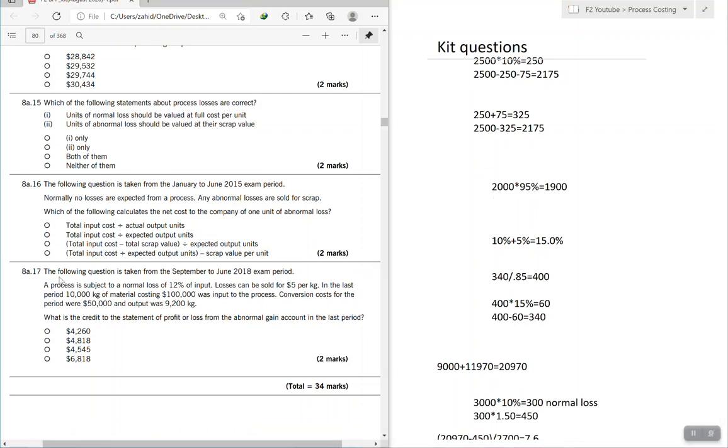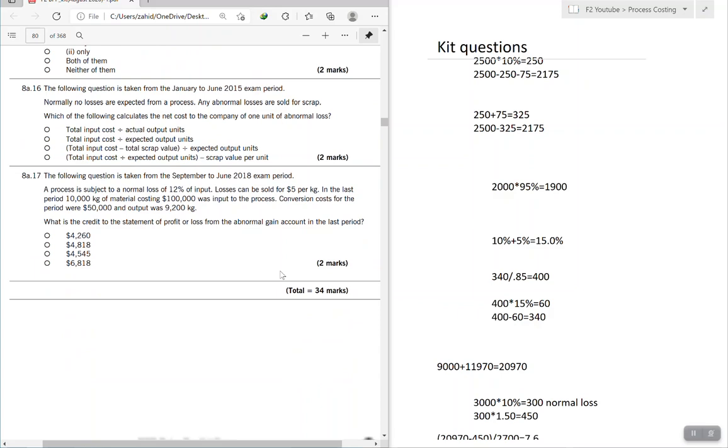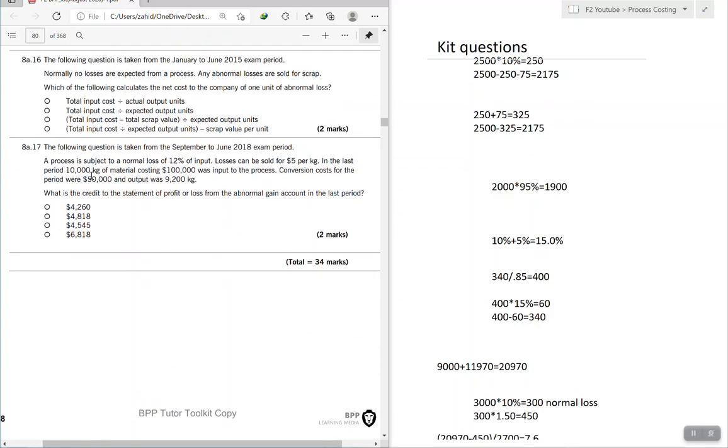Okay, let's see. The following question is taken from the June 2018 exam period. A process is subject to a normal loss of 12% of input. Losses can be sold for 5 per kg. In the last period, 10,000 kgs of material costing 100,000 was input into the process.